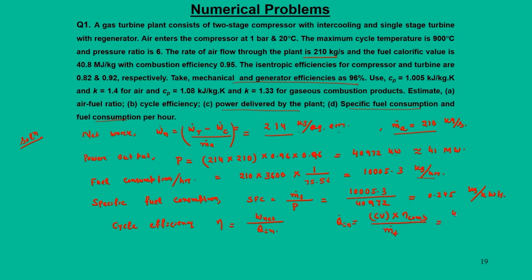So, it is 40800 into 0.95 divided by 75.56. So, Q in happens to be 513 kilojoule per kg air. So, cycle efficiency turns out to be 214 divided by 513. This number is 0.417, so approximately 42%.